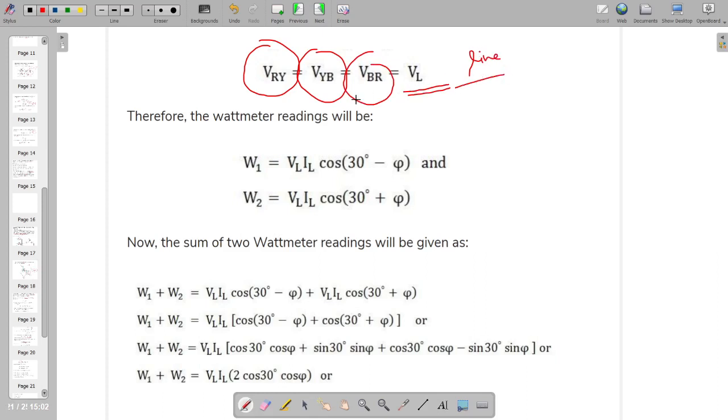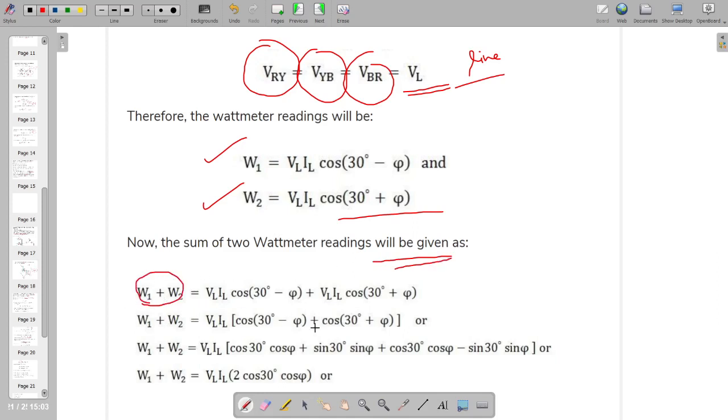Line voltage and line current are the same in each case. Therefore the wattmeter readings will be: first wattmeter W1 is VL IL into cos(30 minus phi), and second wattmeter W2 is VL into IL into cos(30 plus phi). The sum of the two wattmeter readings gives the total power, so I am doing W1 plus W2.